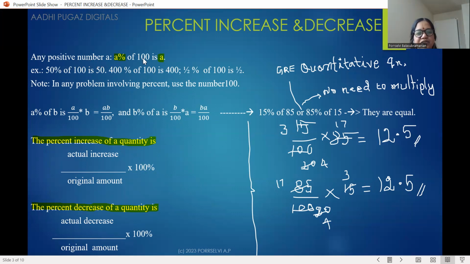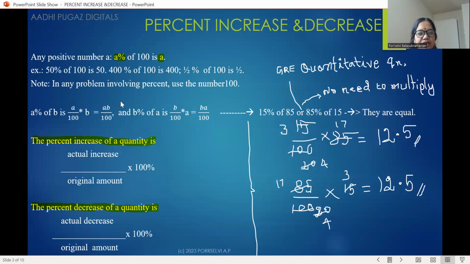A percentage of 100 is a. It means whatever number you calculate the percentage for, you will get the same number. Here is the example. 50 percentage of 100 is 50. 400 percentage of 100 is 400. 1 by 2 percentage of 100 is 1 by 2.